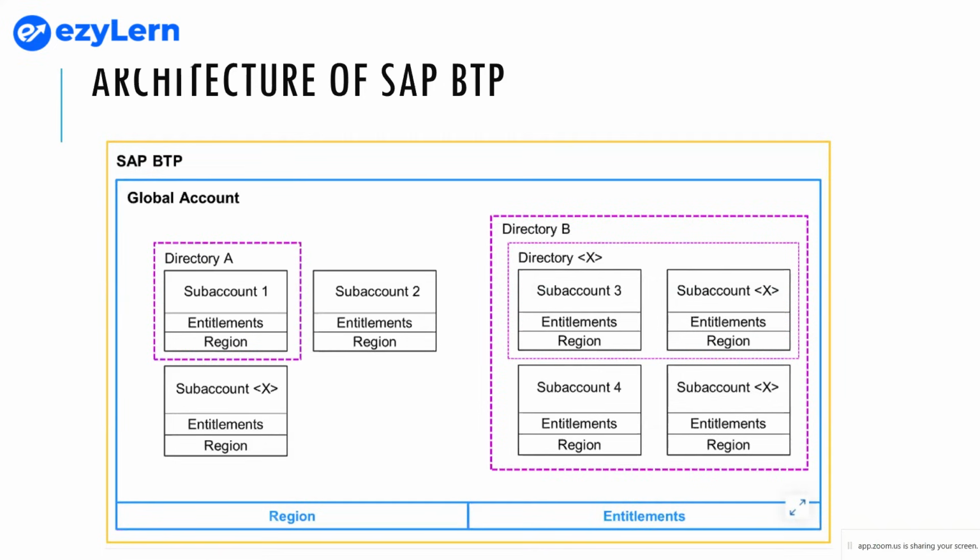However, that person will not have the same rights, roles and responsibilities that he has in one sub account on the other sub account. Why? Because the user authorizations and everything differ from one sub account to another.